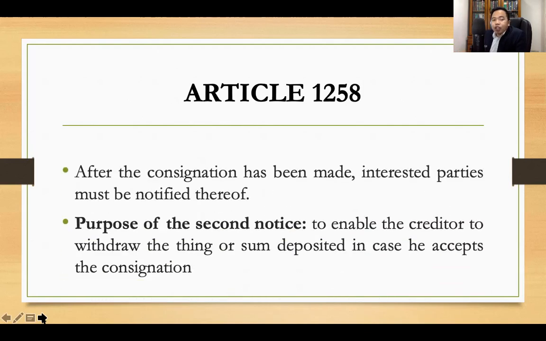After the consignation has been made, interested parties must be notified thereof. This is the second notice. Now, what is the purpose of the second notice? The second notice is to enable the creditor to withdraw the thing or sum deposited in case he accepts the consignation.